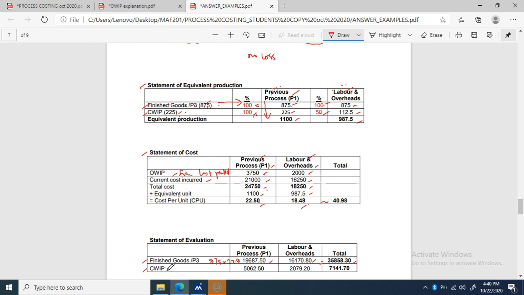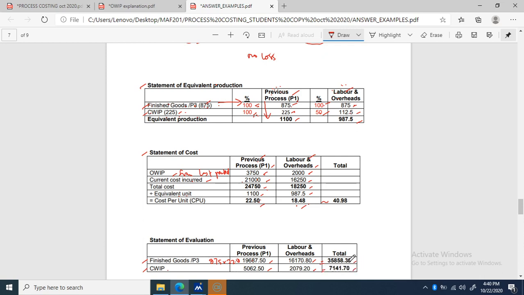For CWIP, as usual, refer to the quantity from the statement of equivalent production: 225 times 22.5, so you get 5062.5. Labor and overhead for CWIP: 112.5 times 18.48, around 2079.2. Total up, 7141.70.